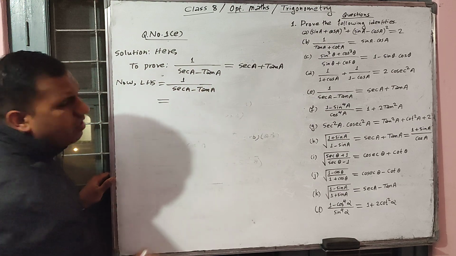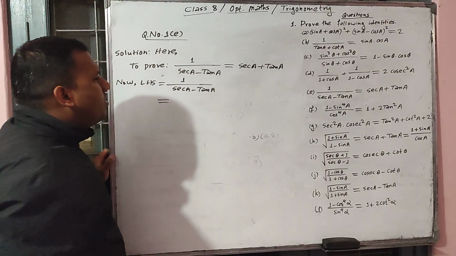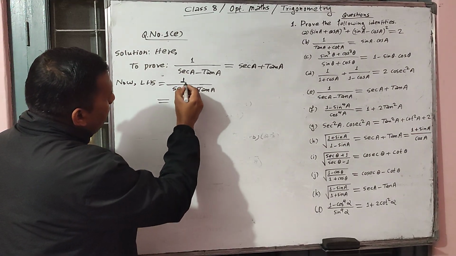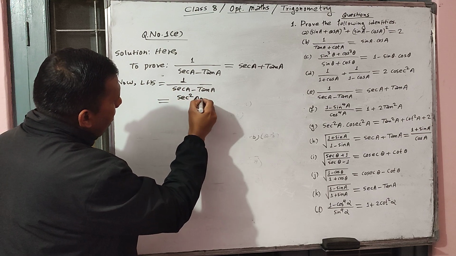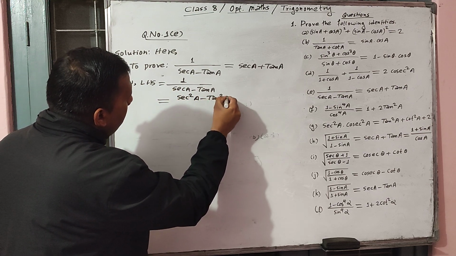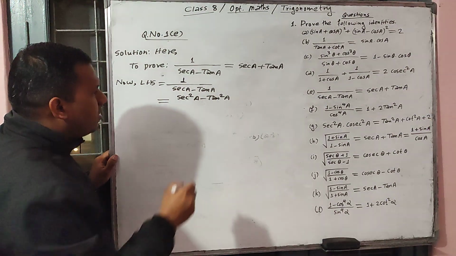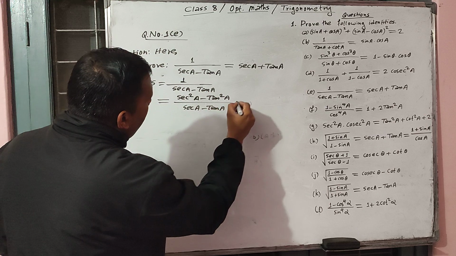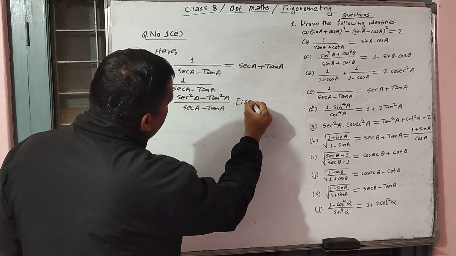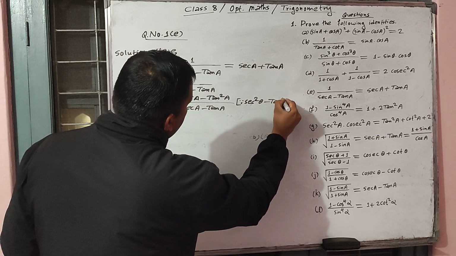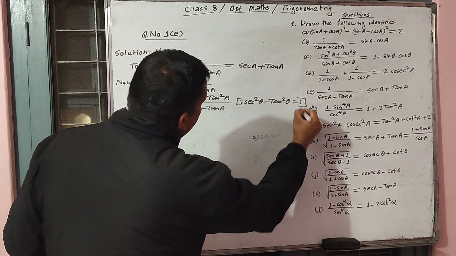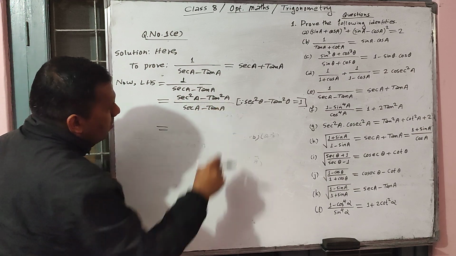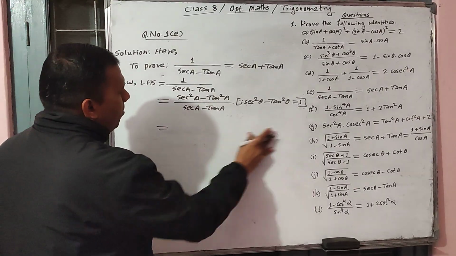From the identity relation in terms of sec and tan, sec square A minus tan square A equals 1. So instead of this 1, we can write sec square A minus tan square A from the identity relation, all upon sec A minus tan A. Next step, this is in the form of a square minus b square, so we can factorize it by the formula a plus b, a minus b.